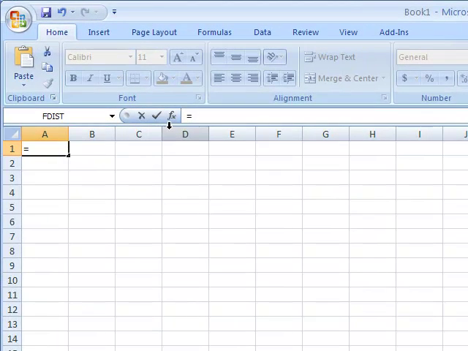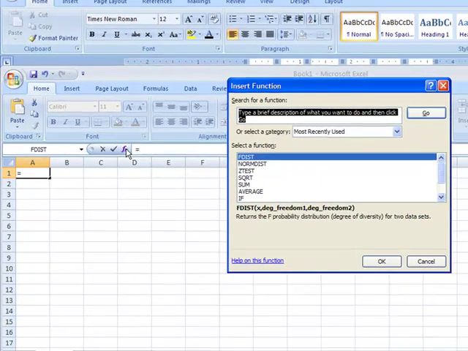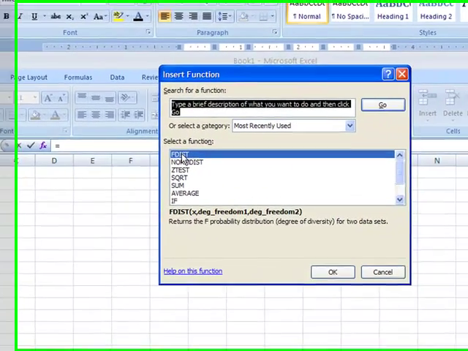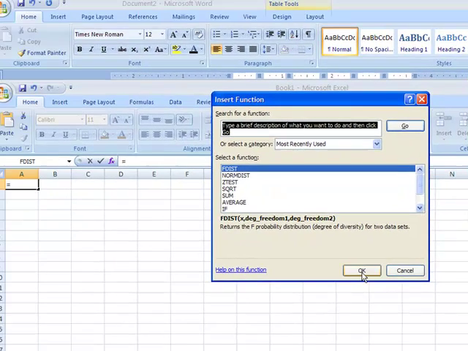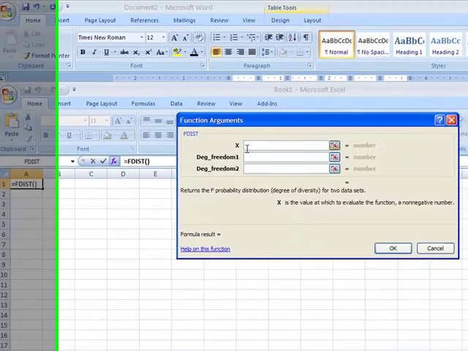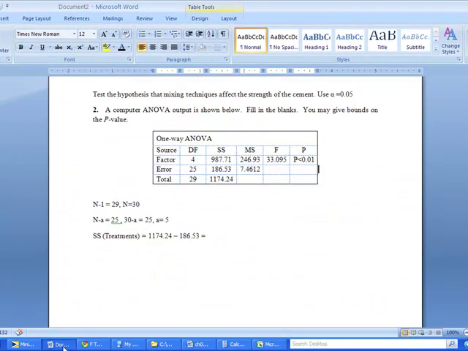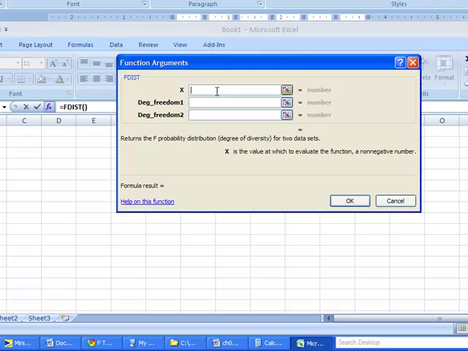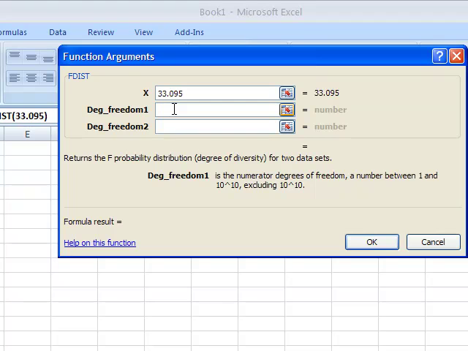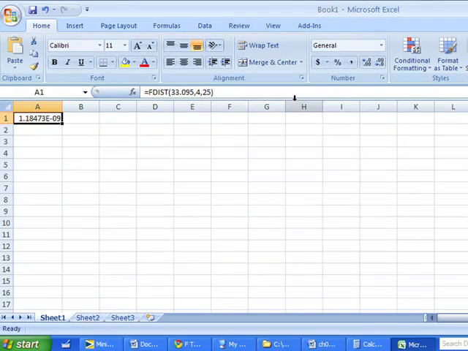Here I will insert a formula, the F.DIST formula, right? This formula returns the F probability distribution for two data sets. So I'm going to use this formula, F.DIST. Now the x value is my F value, 33.095, the first degree of freedom was 4, the second degree of freedom 25.